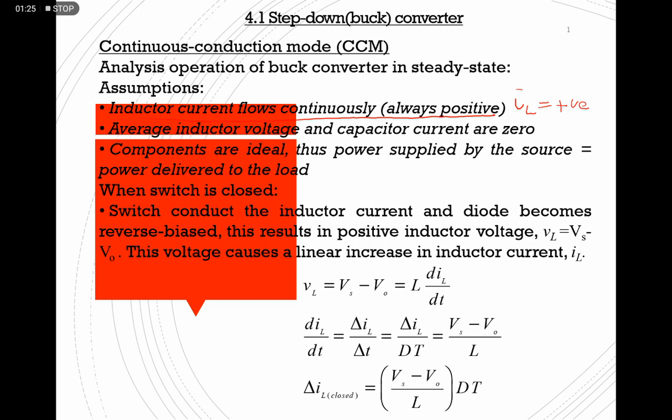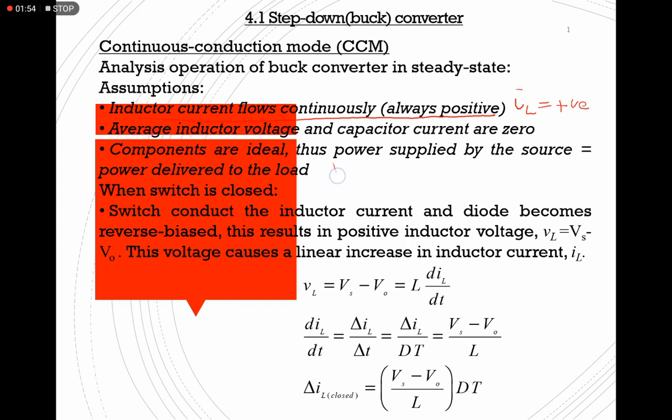By always continuous, it means that in either switch operation, whether the switch is on or the switch is off, the current must always be positive. The second assumption is that we assume the average inductor current, average inductor voltage and average capacitor current are 0.